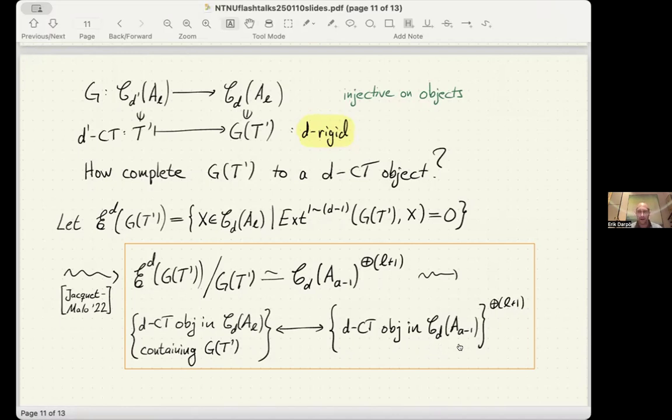Final remark is that not all cluster tilting objects will contain such an object. Sometimes there is no reduction that you can do, but quite often it actually does contain one, and then you can reduce to these smaller cluster categories. Time is up. Thank you for listening.